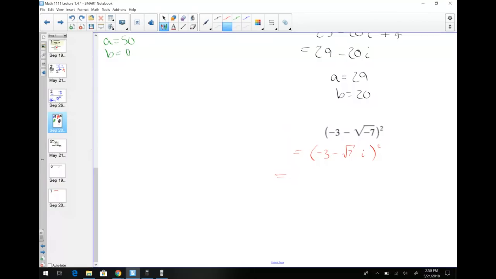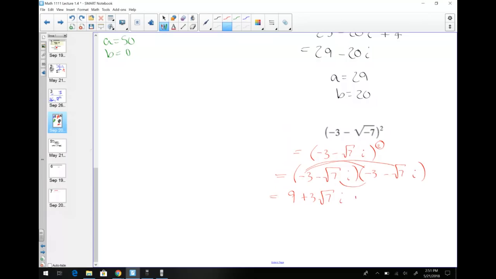So when you write this out, because of the square here, you've got negative 3 minus the square root 7 times i, and negative 3 minus the square root 7 times i. And so now, once again, the first turns out to be 9. The outer two turn out to be positive 3 square root 7i.